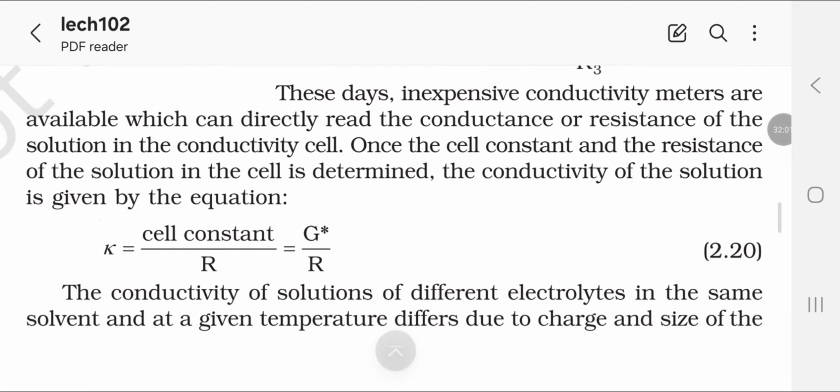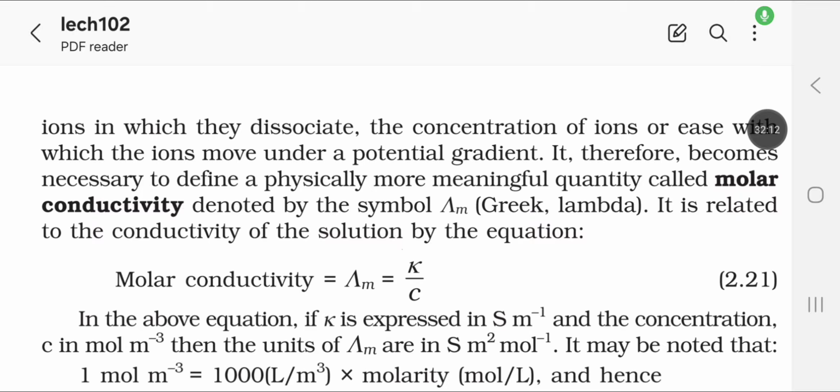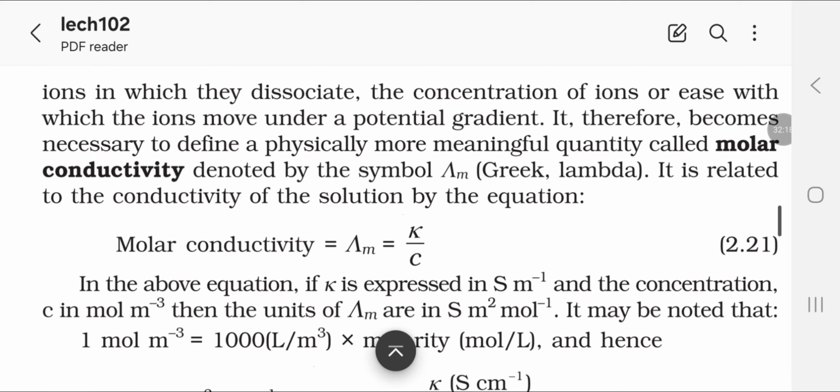The conductivity of solutions of different electrolytes in the same solvent and at a given temperature differs due to the charge and size of the ions in which they dissociate, the concentration of ions, or the ease with which the ions move under a potential gradient.